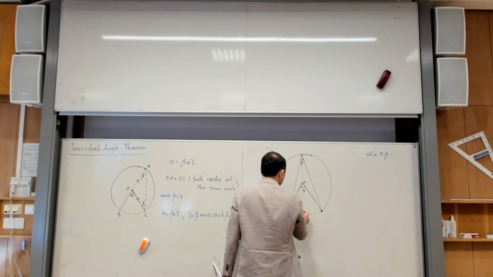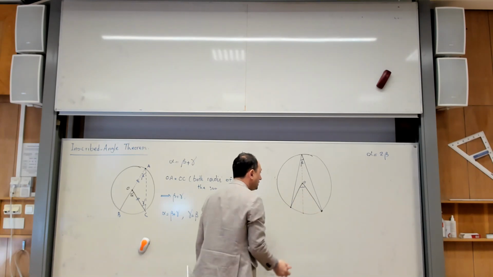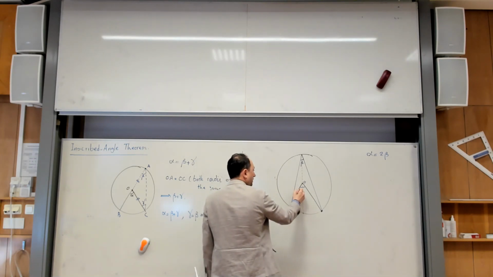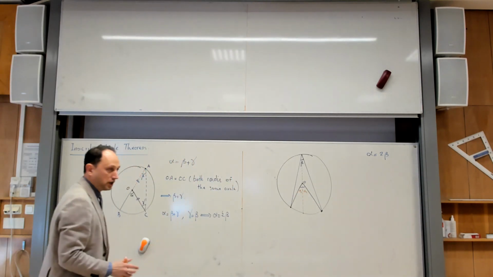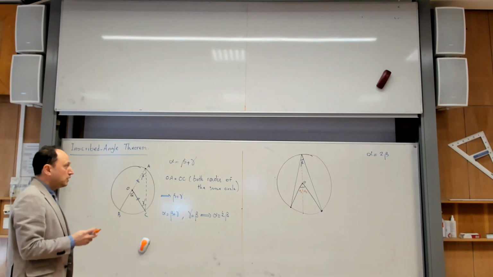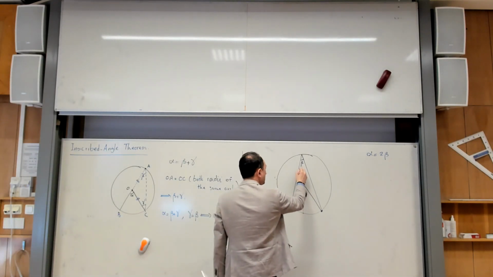Okay, and then you see that alpha will be now divided into 2 alphas, but not necessarily equal. So let me call it alpha 1 and alpha 2. I don't know if they are equal or not. It might be the case or not in general. But beta will also be divided into 2 parts, beta 1 and beta 2.